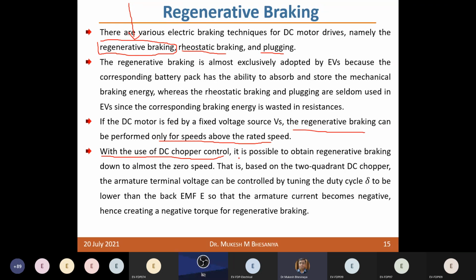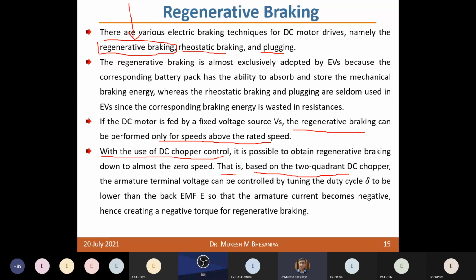If you reverse the current, your battery will take the power from the generator, or if you reverse the voltage, your battery will take the power from the motor. If you reverse both, then your machine is operating as a motor in a reverse direction. So to apply regenerative braking, we need to control that voltage, right? With the DC-DC chopper, it's very straightforward to do that, and I will also show you that.